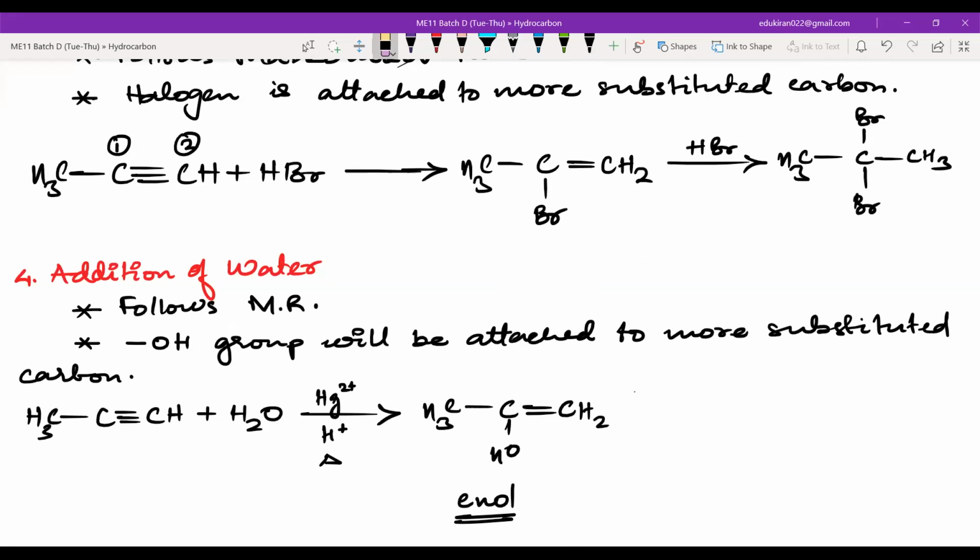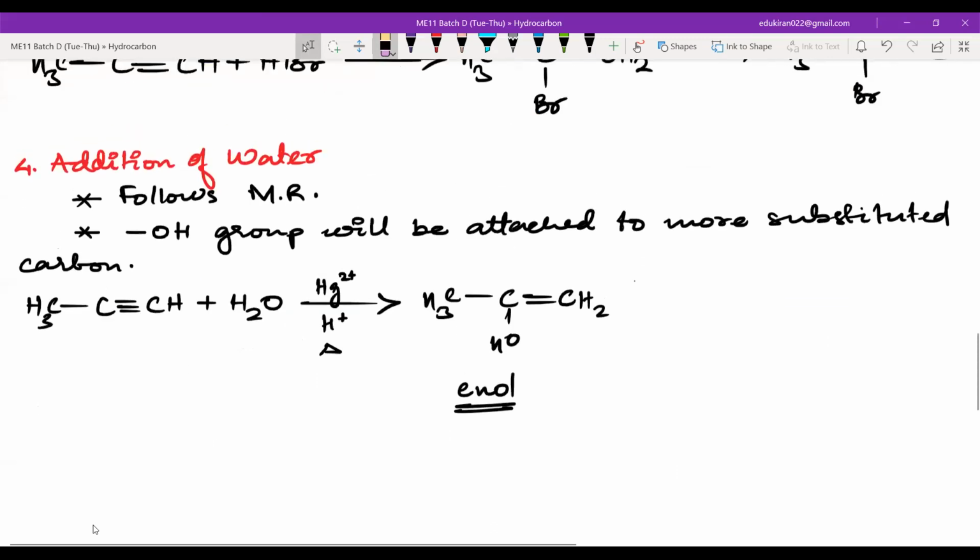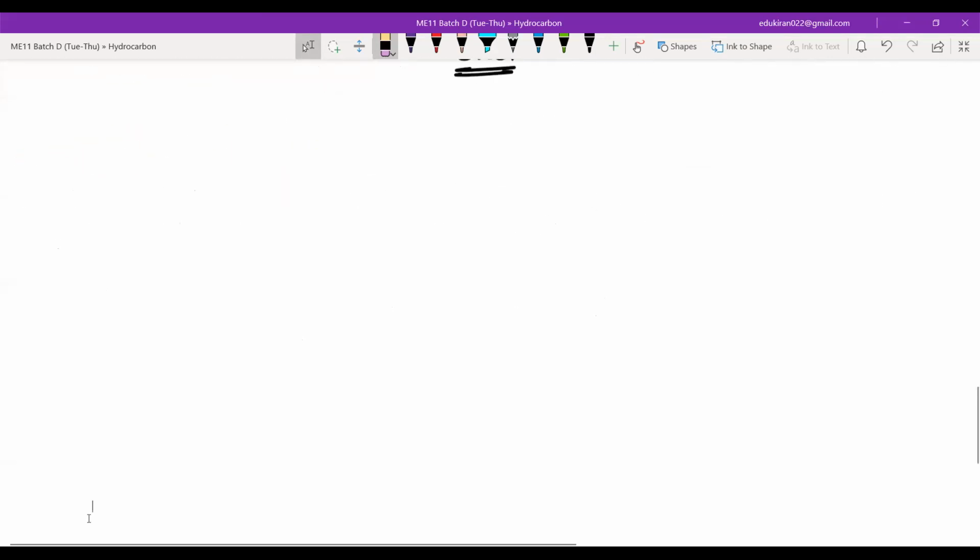So we have with us this molecule, that is CH3, C with OH, double bond, CH2.